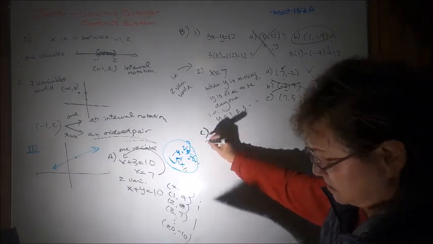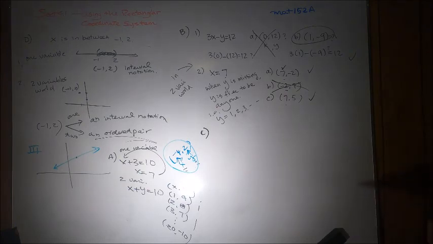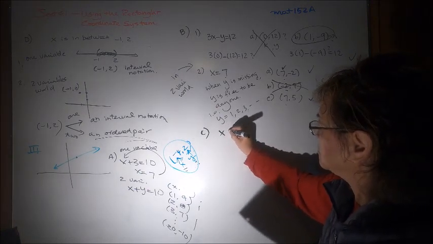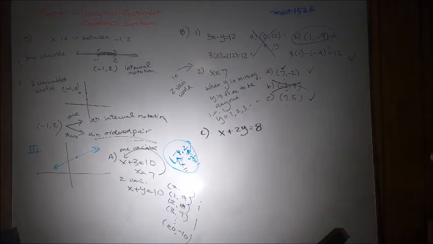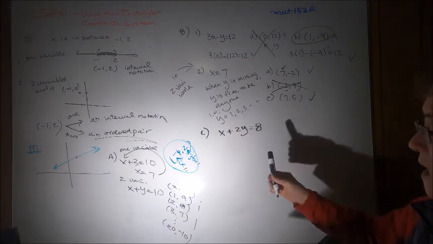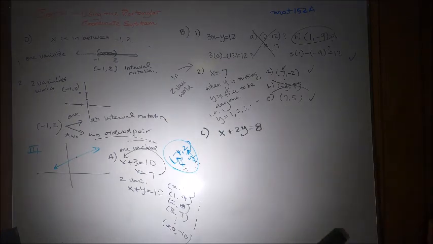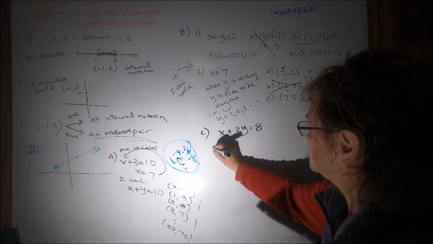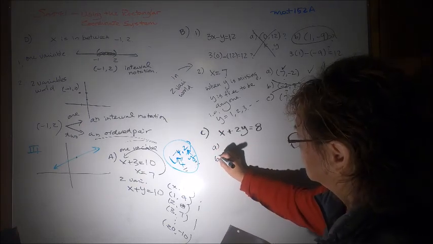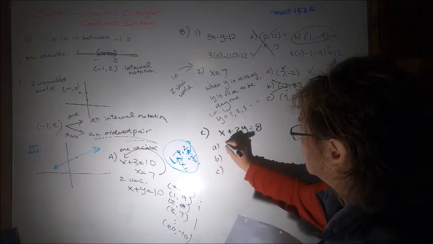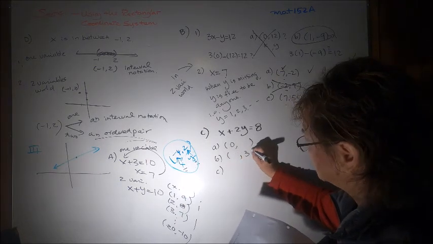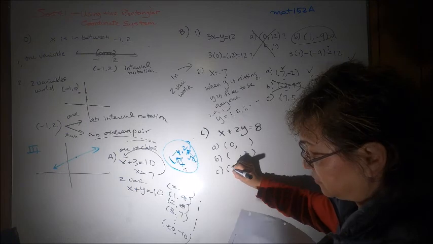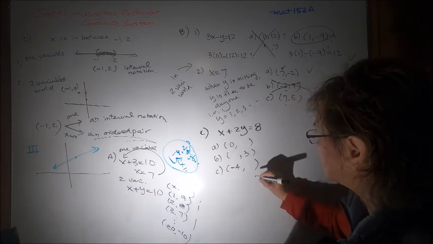Look at the next one on your page 20. If we give you an equation like this, two variables in one equation, and both power just 1, not the higher powers. Okay? Then if we give you this A, B, C, we give you x is 0, and here we give you y is 3, we give you x is negative 4.